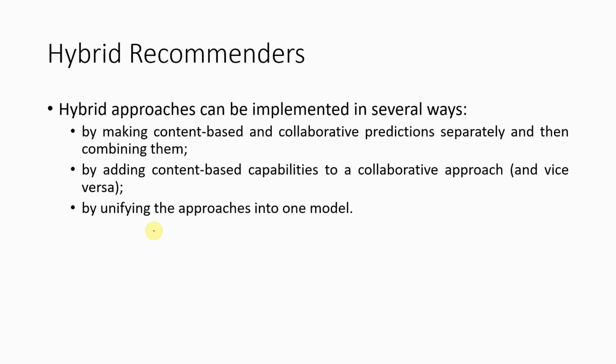This hybrid approach can be implemented in some of these ways. First, you can do content-based filtering separately and collaborative prediction separately and then combine them. Or you can add content-based capability to the collaborative approach, or vice versa. Or the model can be created by unifying the approaches into a single model.